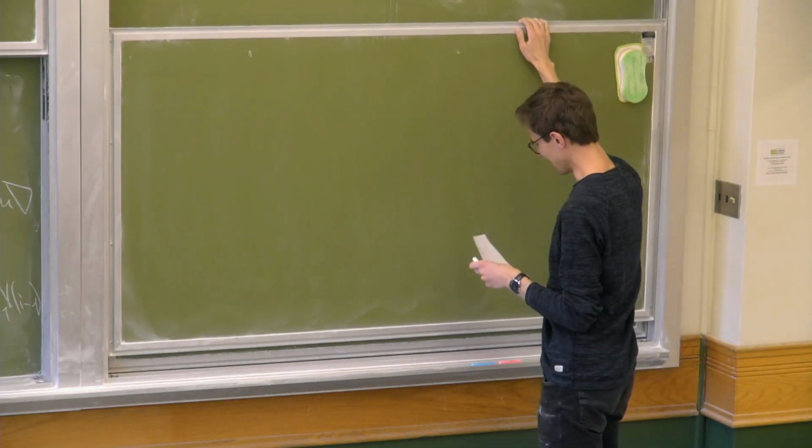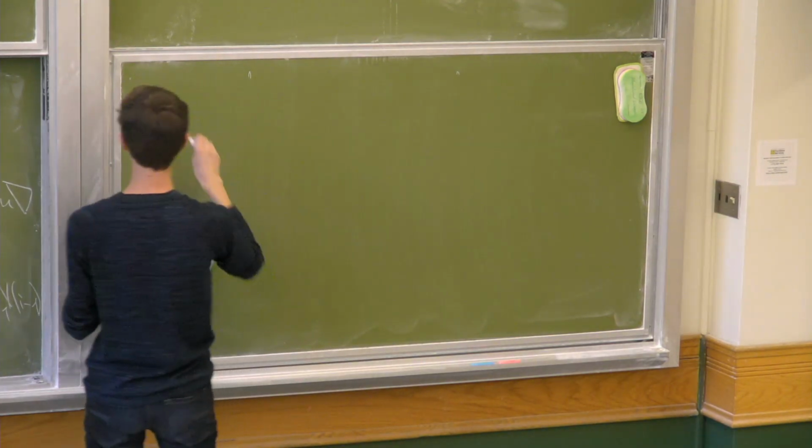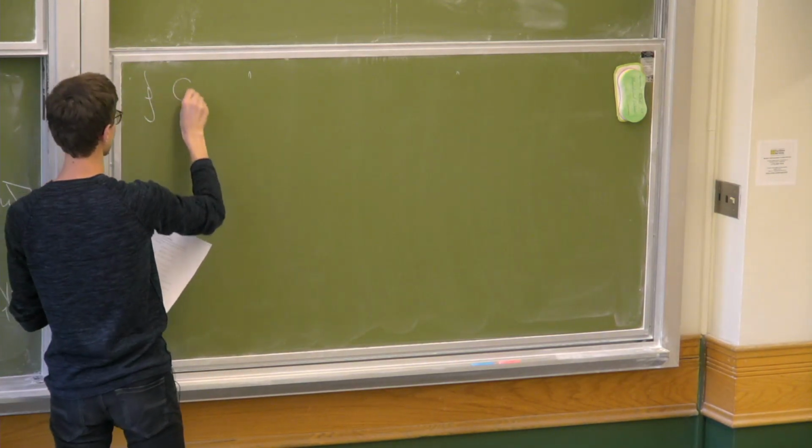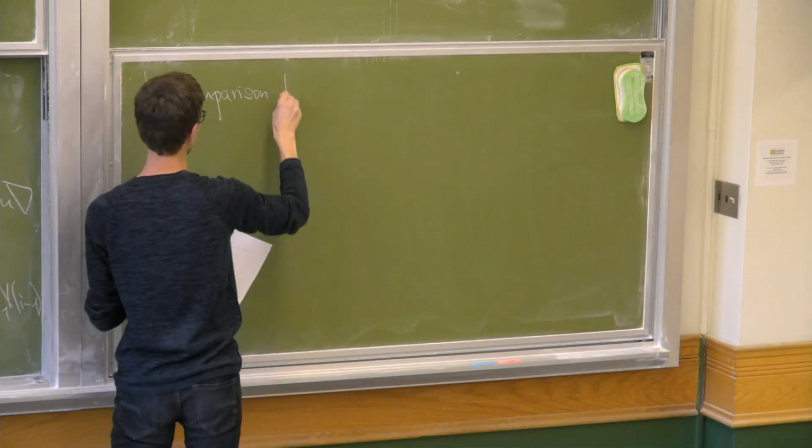Okay, so I hope in the remaining time, what I'm going to say will be a little bit less involved than this. I want to say something about comparison theorems.